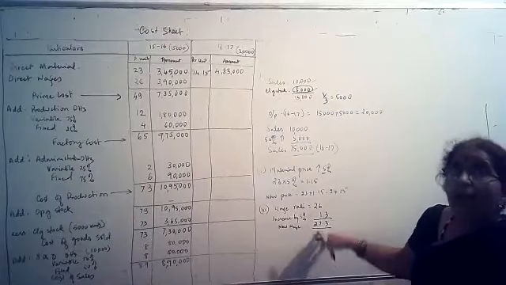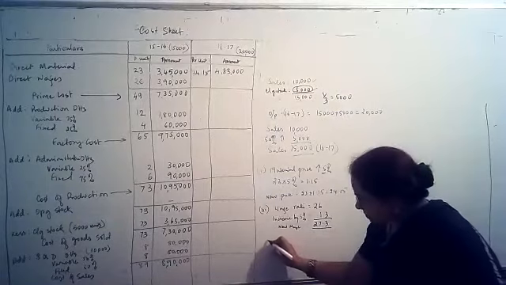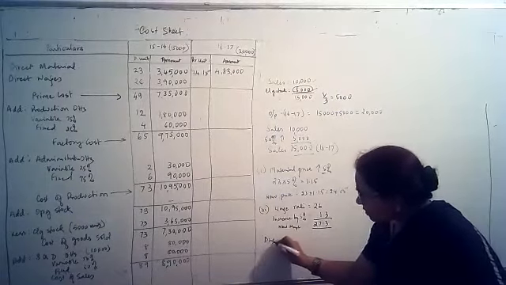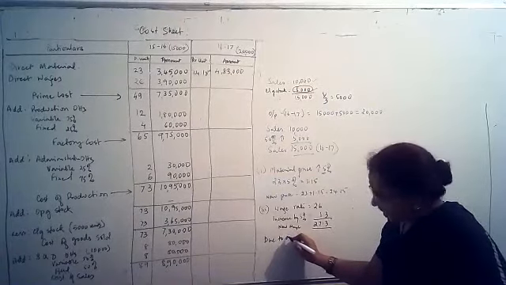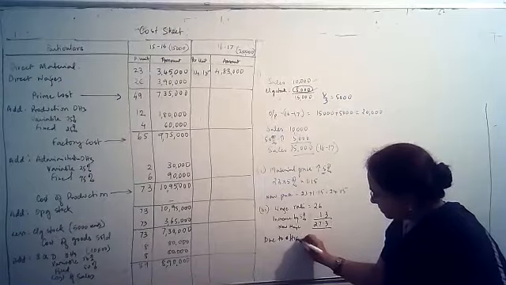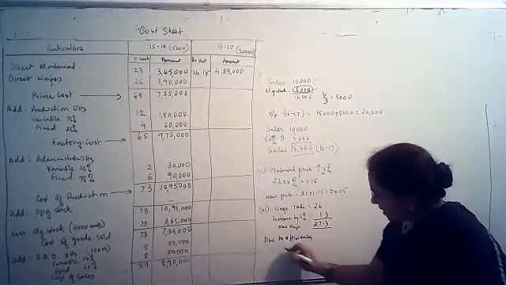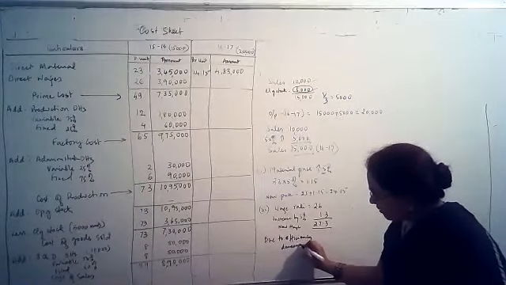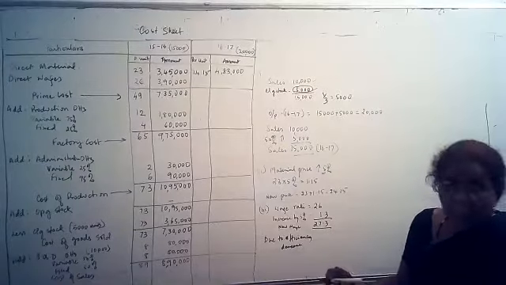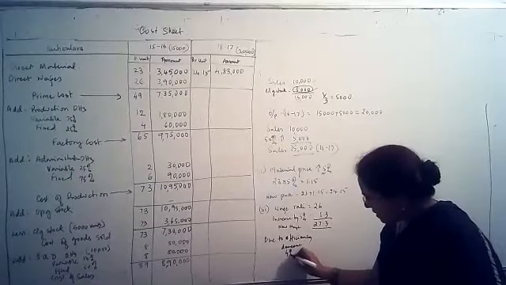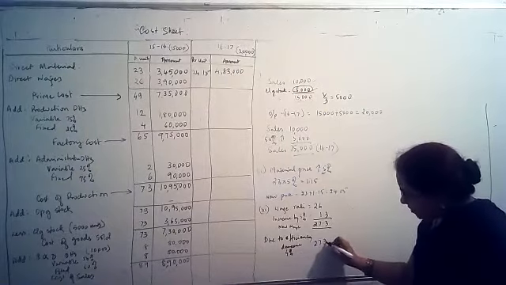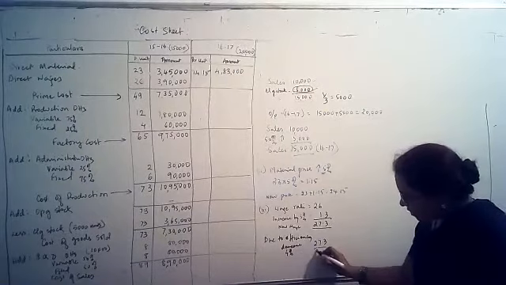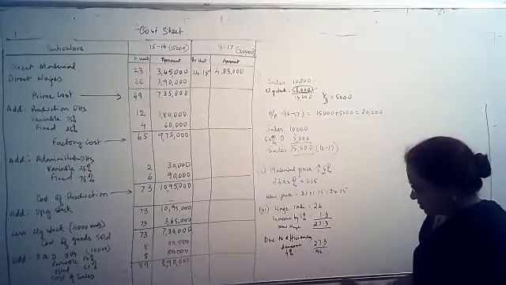Now I need to pay 100%. So write down due to efficiency decrease. How much is that efficiency decrease? Efficiency decrease is 4%. So now 27.3 is equivalent to 96%.